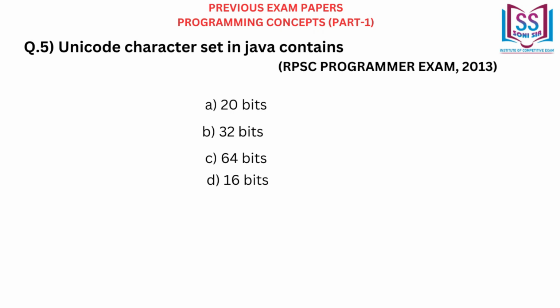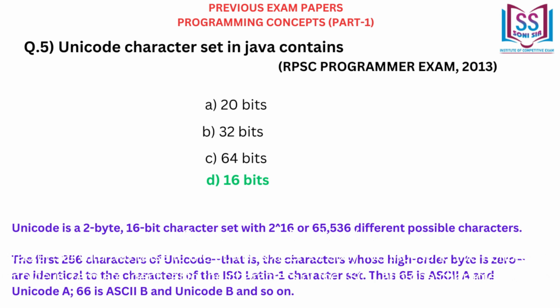Unicode character set in Java contains: A. 20 bits. B. 32 bits. C. 64 bits. D. 16 bits. Correct answer: D. 16 bits. Unicode is a 2-byte, 16-bit character set with 2 raised to the power 16, or 65,536, different possible characters.